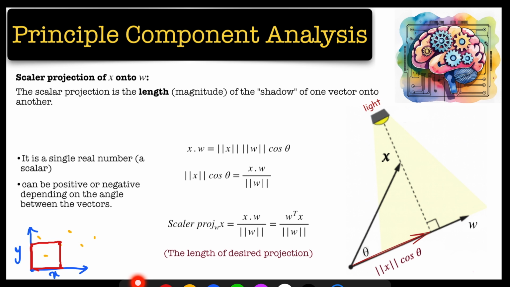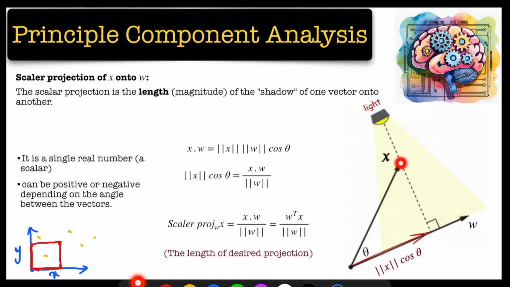Now we are talking about the rotated axis W, scalar projection of X onto W. What is the scalar projection? Scalar projection is the length or magnitude of the shadow of one vector onto another. This W is the target vector we want to find out, and X is the data point we have. So you want to find the shadow of X onto W. Let's say light is coming from above. What will be the shadow of X onto W? This length.